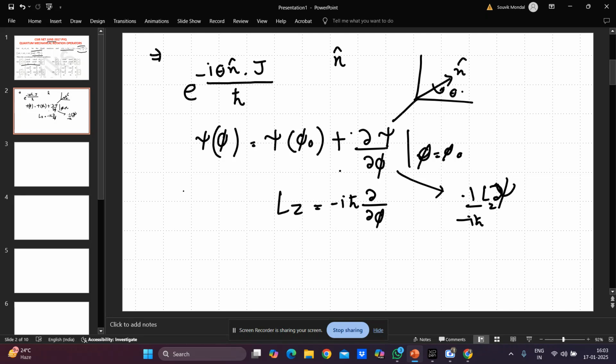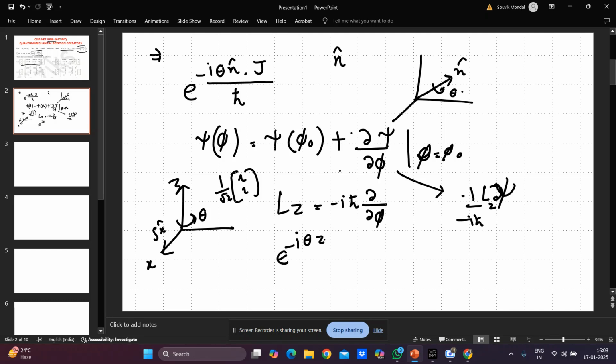If your spin is initially pointing in the x direction, suppose this is your x direction, what is your initial state? Your initial state is this, and suppose now you make a rotation of angle theta along this z axis. So this is your rotation operator, e to the power minus i theta z hat dot J divided by h cross.